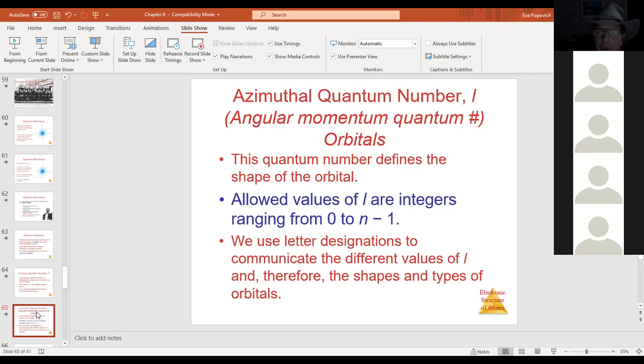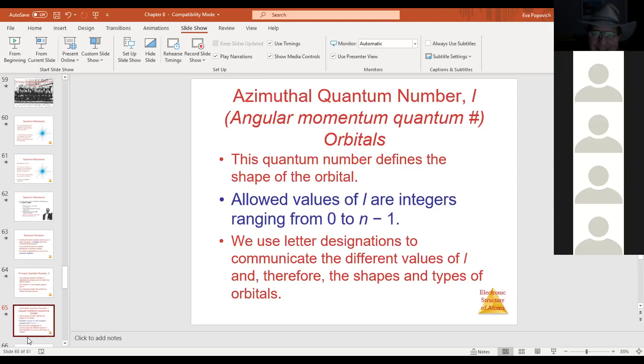In other words, if n is equal to 2, we can have 2 minus 1, a negative 1, a 0, or a positive 1. It goes 0, fans out, both in positive and negative direction, until we reach n minus 1.